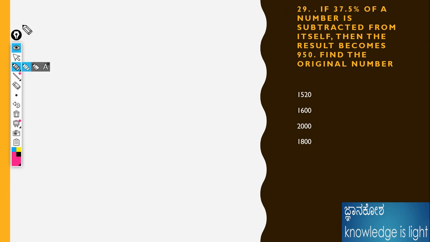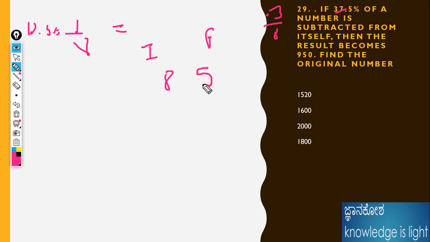Already told, we already know 12.5% is equal to 1 by 8. Then 37.5 is nothing but 3 by 8. That means 12 threes are 36 and 0.5, that is 37.5. Understand? Subtract means my initial value is coming as 8 and final value becomes 5. 8 minus 5 is 3. Here 5 units becomes 950. Isn't it?